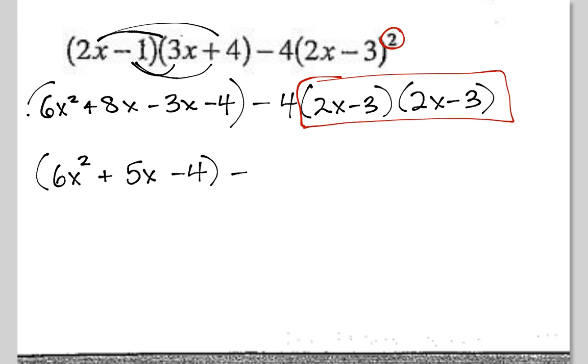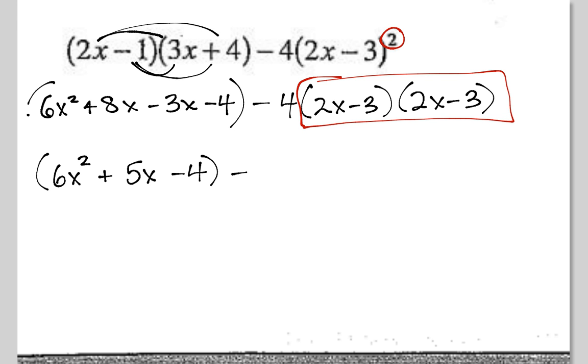Now, what do we do when we have a coefficient times a binomial times a binomial? Does the coefficient 4 negative, does it go into both, or does it just go into 1? Into 1. And I would actually do it last, because it's really easy to put the 4 in. Just times everything by 4, right? That's really easy.